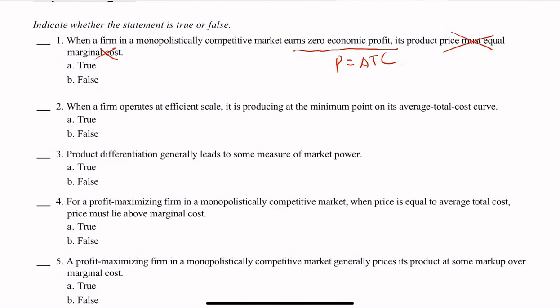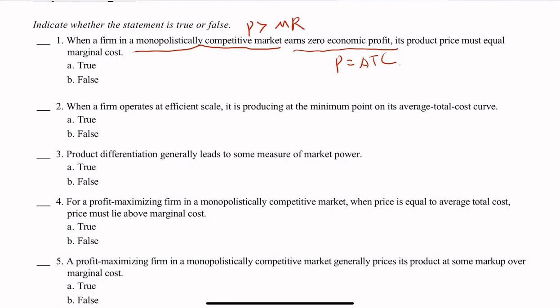Okay, let me talk about this in more detail. So we know that this is a monopolistically competitive firm, which implies that its price will be larger than marginal revenue, right?